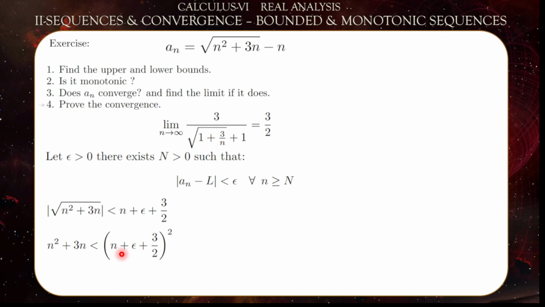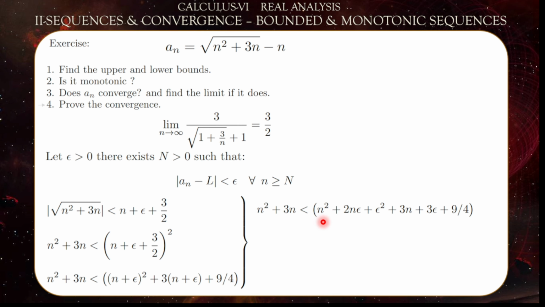You square both sides, so you get n squared plus 3n is less than (n plus epsilon plus 3 divided by 2) squared. n squared plus 3n is less than (n plus epsilon) squared plus 3 times (n plus epsilon) plus 9 divided by 4. So it is equal to n squared plus 2n epsilon plus epsilon squared plus 3n plus 3 epsilon plus 9 divided by 4. n squared cancels out, 3n as well.